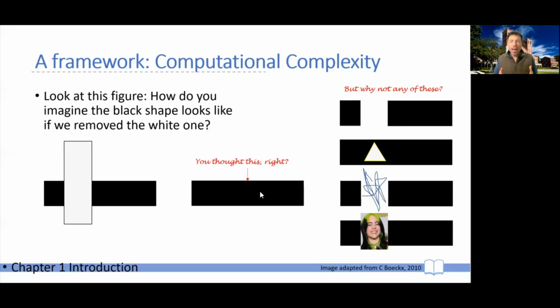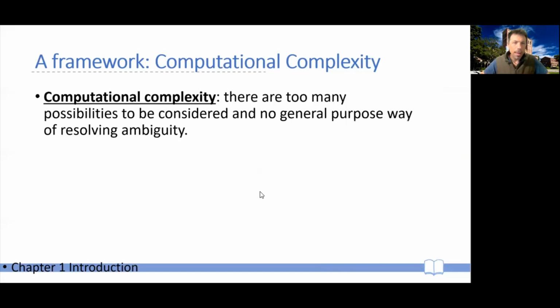So our minds have developed these strategies, these rules of thumb, these guiding principles, these biases that allow us to quickly solve problems that are computationally impossible for us to solve in a brute force type way. This is the idea of computational complexity. The idea that there are too many possibilities to be considered and no general purpose ways of resolving ambiguity.